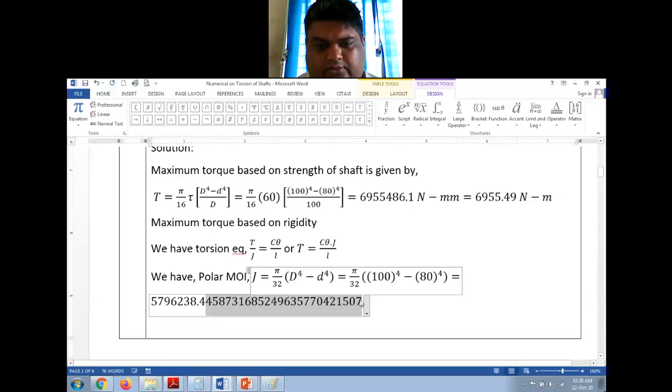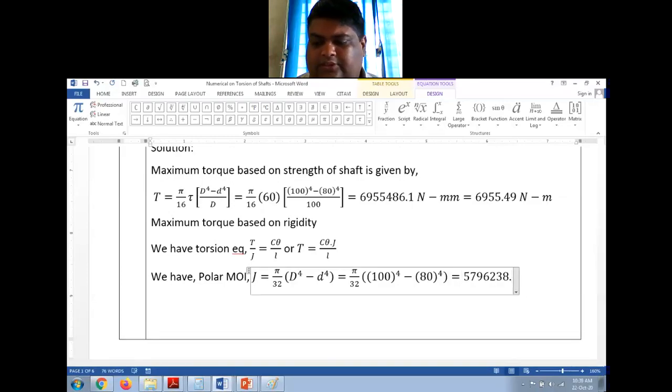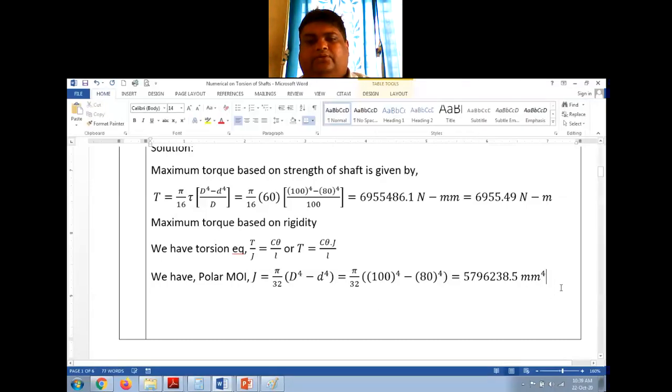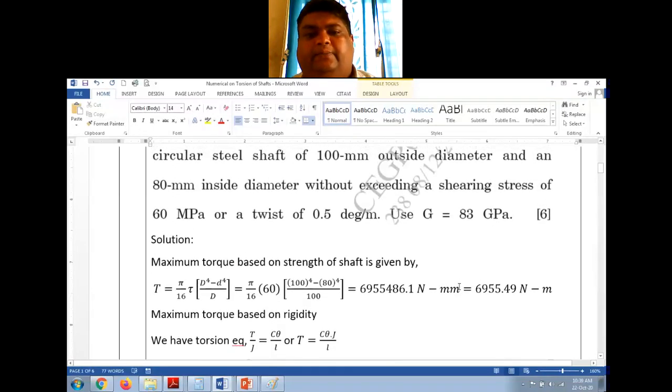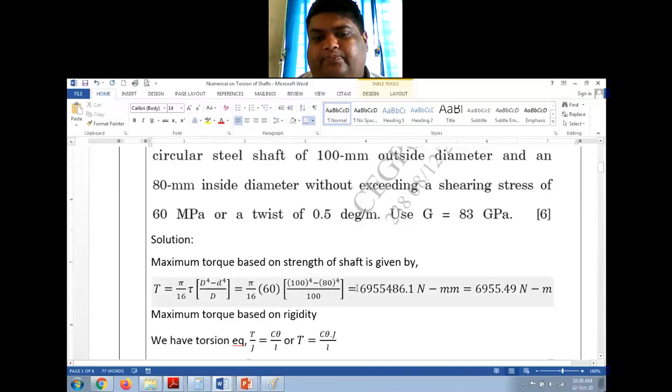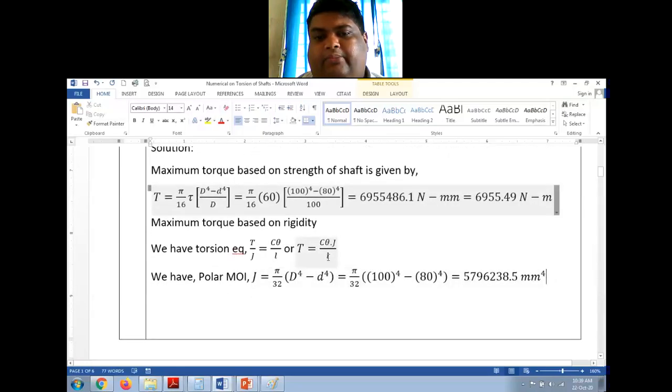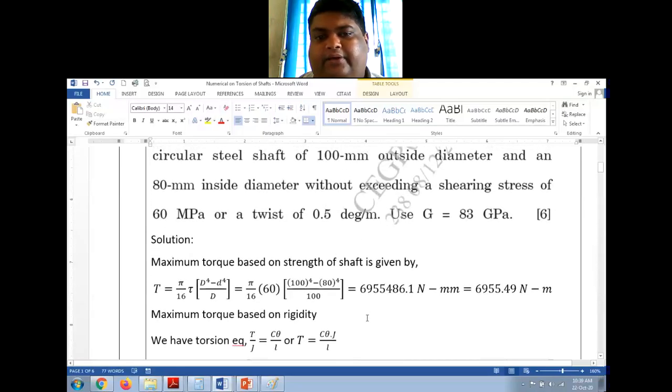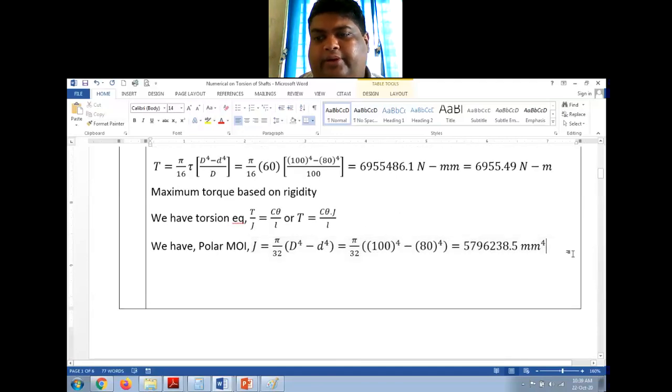This is mm raised to 4, so I'll keep it in one decimal, that is more than enough. Mm raised to 4, right? So J is found. See, the theta is the angle of twist, which is given as 0.5 degree per meter, right? So theta by L is directly given here as 0.5 degree per meter.